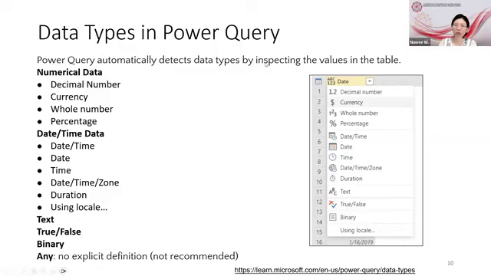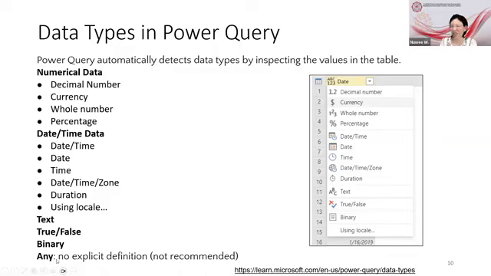They have numerical data type, date time data type, and text. They don't have categorical, so I assume texts are mostly categorical. They have true/false, binary, and also something for when it's not known yet which data type it is, they will say it's any.